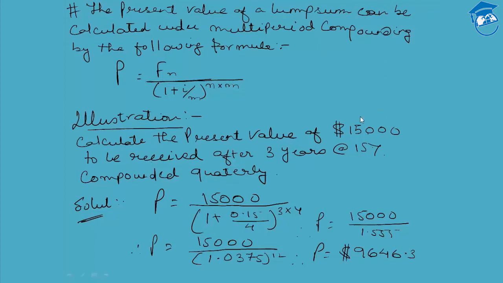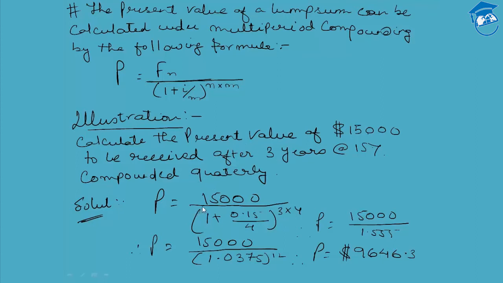It means that the sum of 15,000 USD shall be received after 3 years, and we need to calculate the present value of the future lump sum amount of 15,000 if it is being compounded quarterly against a nominal interest rate of 15%. So the nominal interest rate is 15%, which needs to be compounded quarterly in order to calculate the present value of a lump sum of 15,000 USD after 3 years.